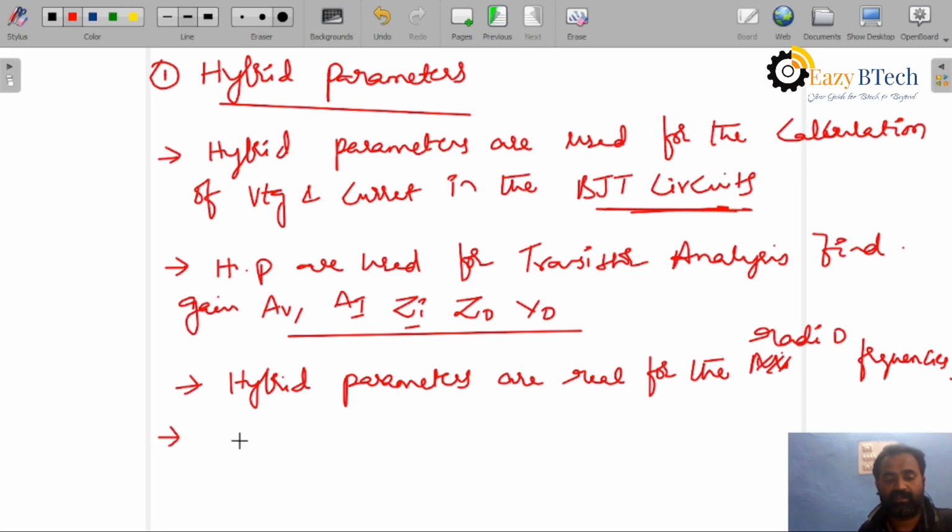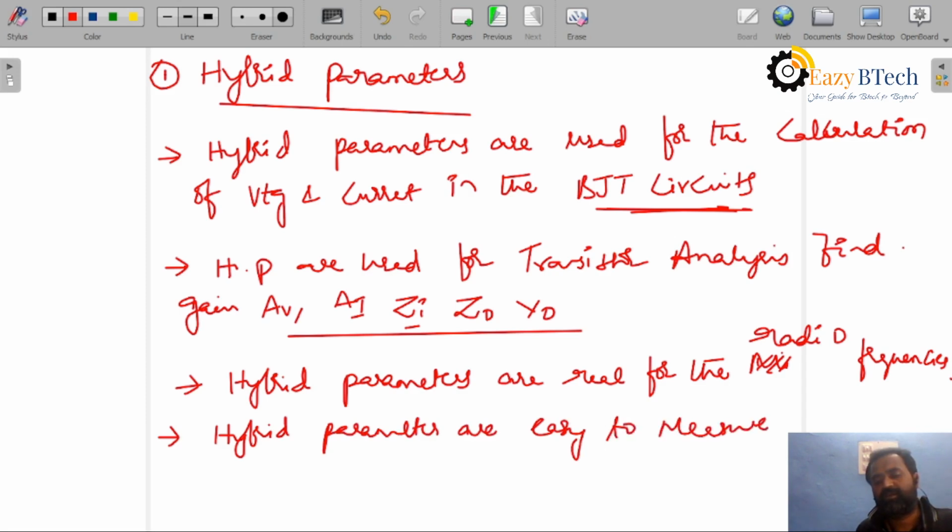Next, hybrid parameters are easy to measure in the circuit analysis.